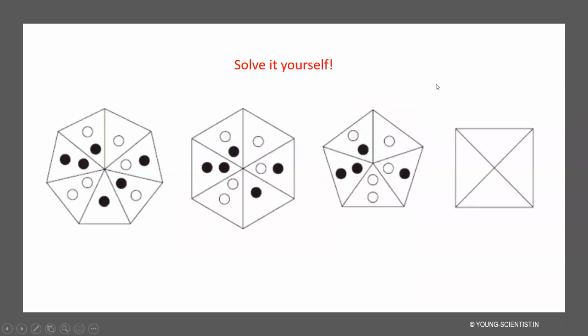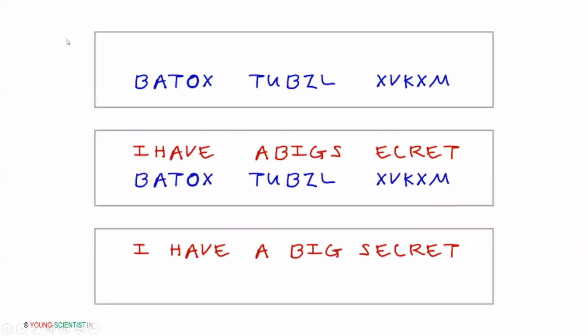So have fun at home, solving the different types of sequences of shapes, numbers and letters, shapes and letters, and there's lots more to discover on the internet. And you can also have fun creating cryptic messages.